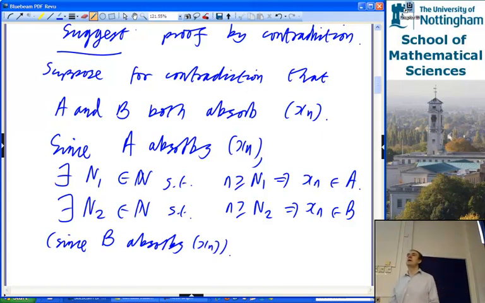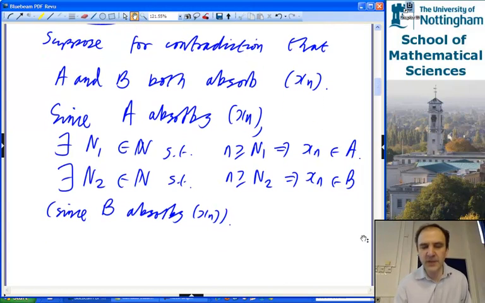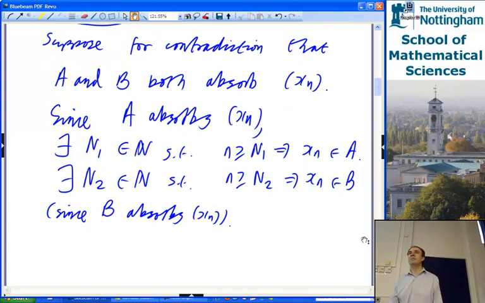What have I done so far? All I've done is use the definition of absorption, and I had to be a bit careful because each set gets its own number. Different sets will have their own different capital N's. That's why I've used a capital N1 for A and a capital N2 for B, because at first we don't know the same one works for each. But we can find one that works for both of them at the same time.